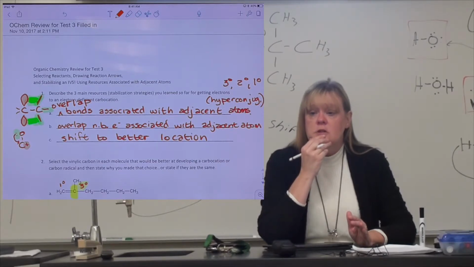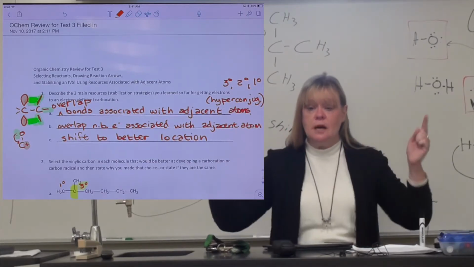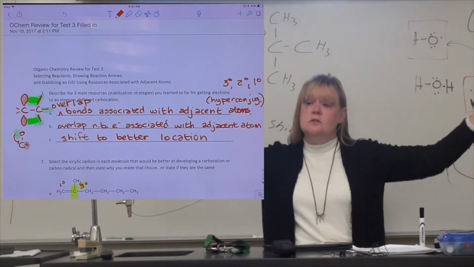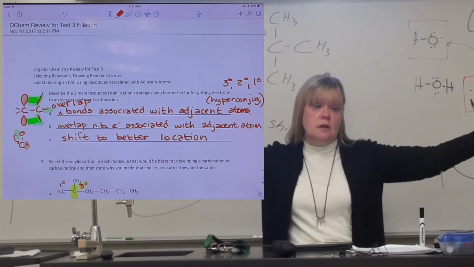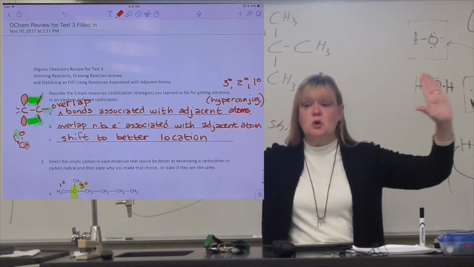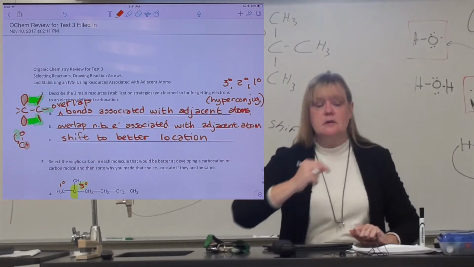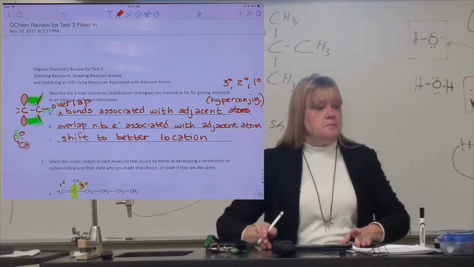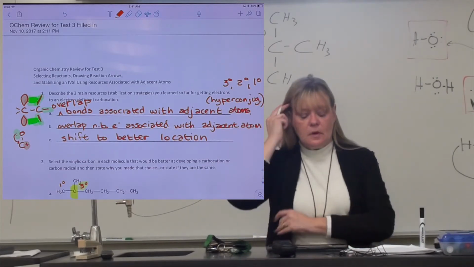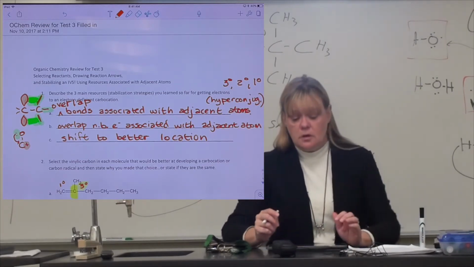The next chapter, I'll show you how to use a resource from 2 atoms away, and the chapter after that is electron resources from farther away. And the farther away is where you're lining up a whole bunch of p orbitals so that you can shuttle electrons down this little track. Okay, so those are features you want to look for.